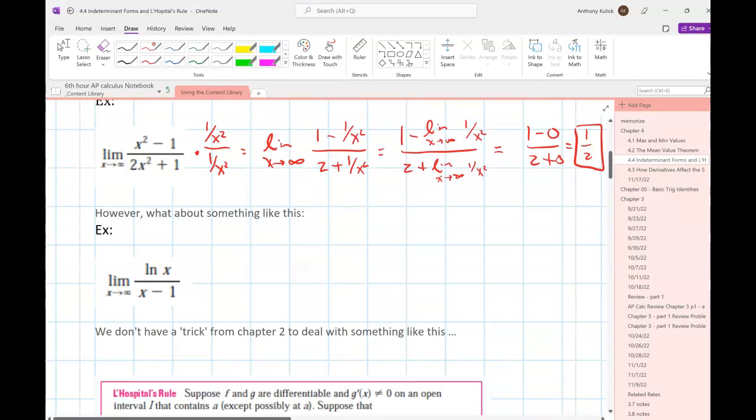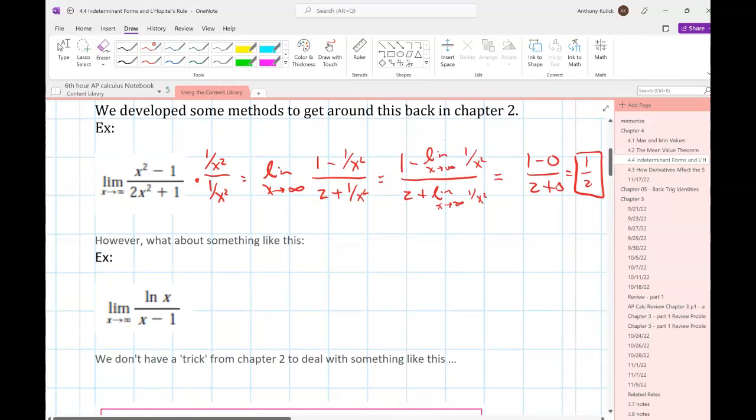What if we had something like this? The limit as x approaches infinity of the natural log of x over x minus 1. Again, if I tried direct substitution, the natural log of infinity is infinity. Infinity minus 1 is infinity. Infinity over infinity. Okay, problem.